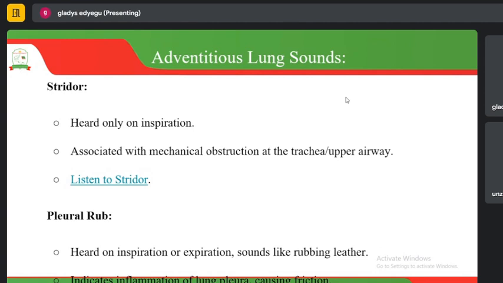The pleural rub, this one is heard also on inspiration, just like the stridor, or also on expiration. So it can happen in both. The sound is just like rubbing leather.